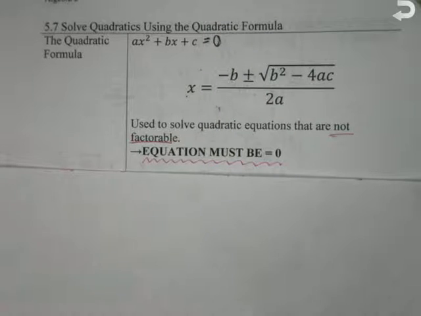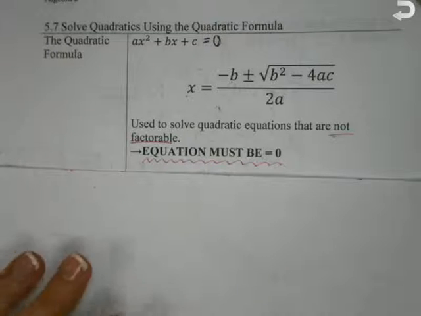Alright? Otherwise, if they don't specify, you can use whichever one you want. Okay? I don't care which one you use, whatever you're comfortable with. There are 2 questions where they specifically tell you completing the square and quadratic formula. So those are the only 2 where you can't choose. Got it? Quadratic formula is equal to 0. Completing the square is when we're filling in the blanks.